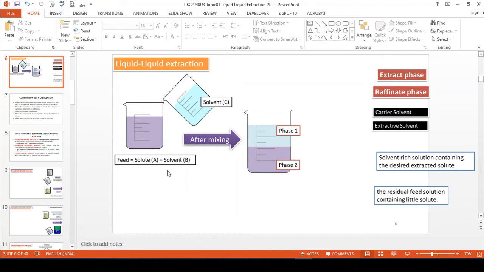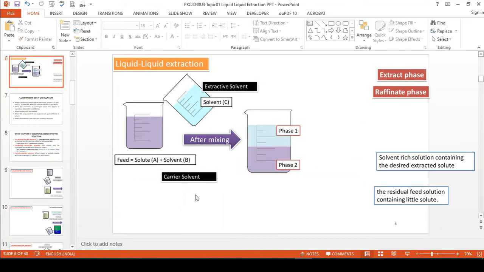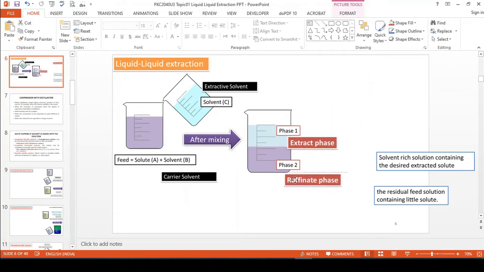Now let us see the other parameters about liquid extraction. In the feed there is a solvent B and also there is a solvent C. So we have to differentiate these two solvents by their name. The C solvent is known as the extractive solvent because it is used to extract the solute from the feed, and solvent B is known as the carrier solvent because it acts as a carrier for the solute A. These two phases are also named: one phase is the extract phase and one phase is the raffinate phase.